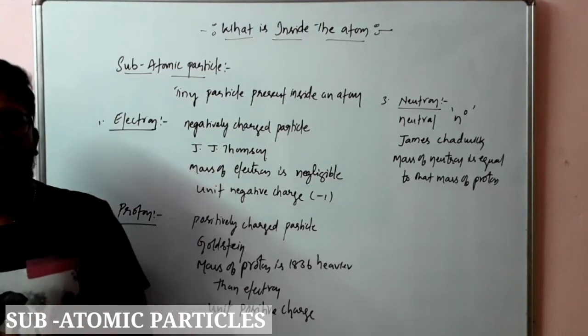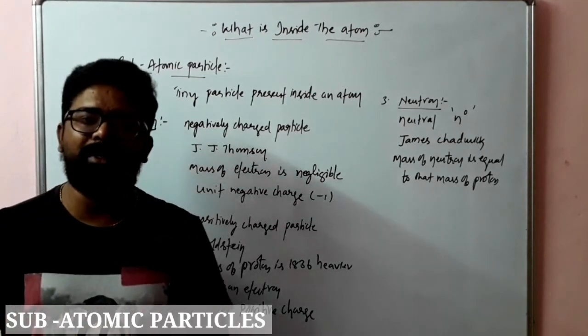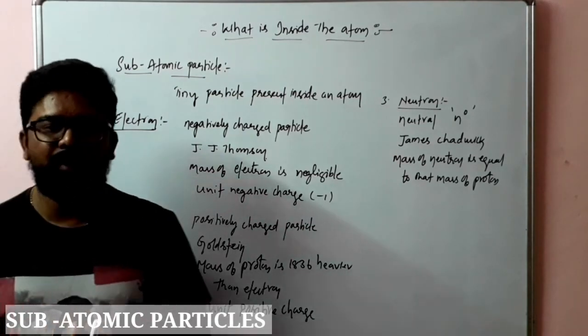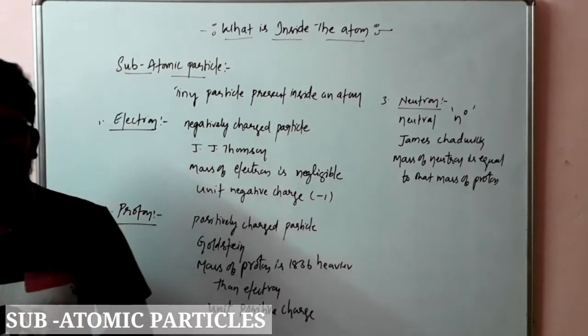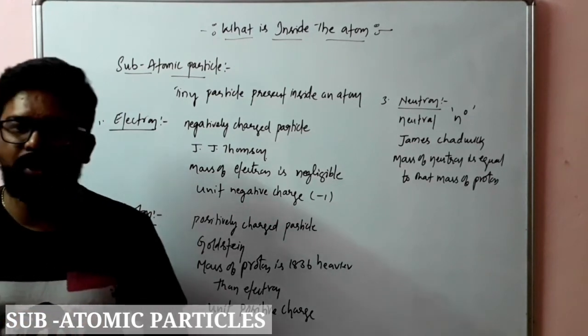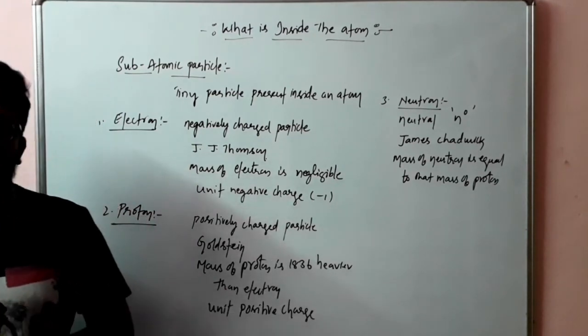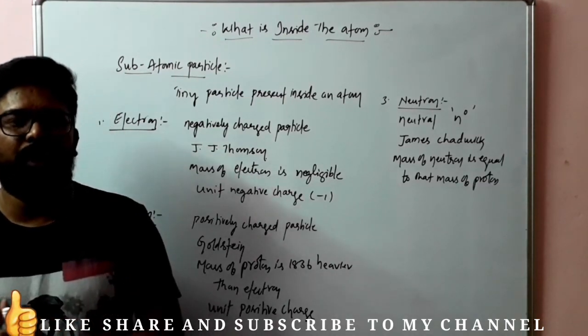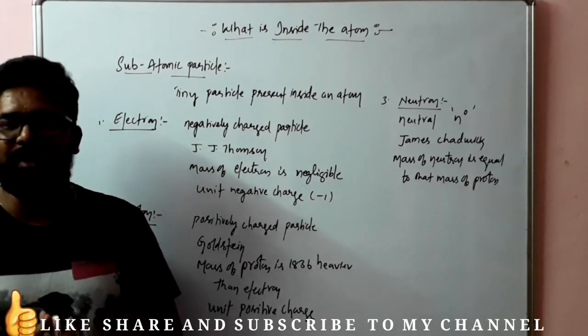To know about the arrangement of these subatomic particles in an atom, different scientists proposed different atomic models, like J.J. Thomson's atomic model, Rutherford's planetary atomic model and Bohr's model of the atom. In our next session, we'll discuss all these different atomic models proposed by different scientists.